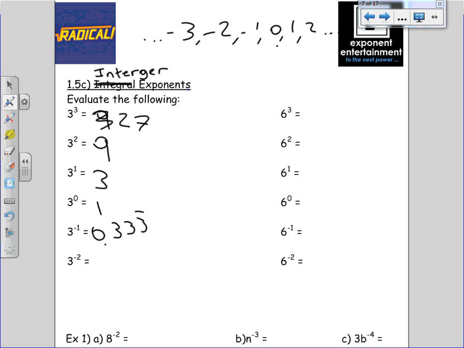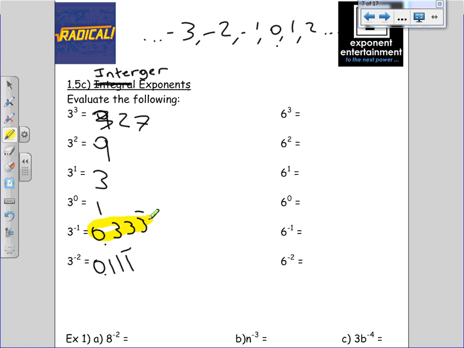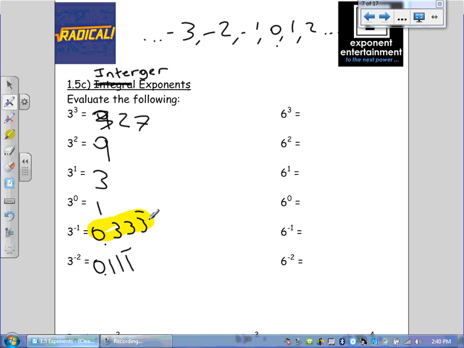What's 3 to the power negative 2 in your calculator? Matthew said, and others also said, it is the same as what? 1 over 3. What is that the same as? 1 over 9, same as 1 over 3 squared.